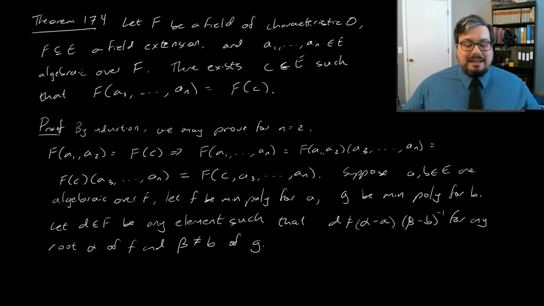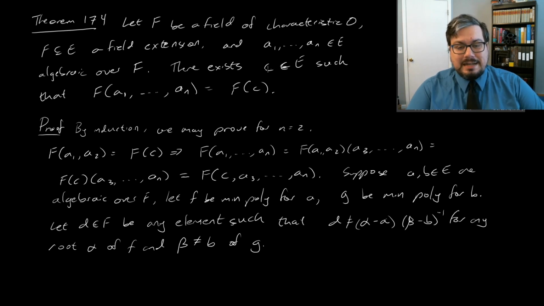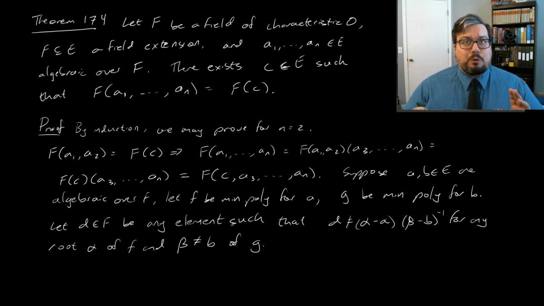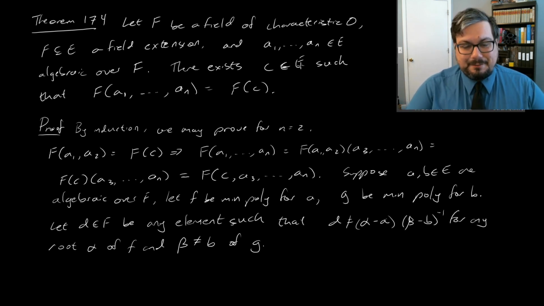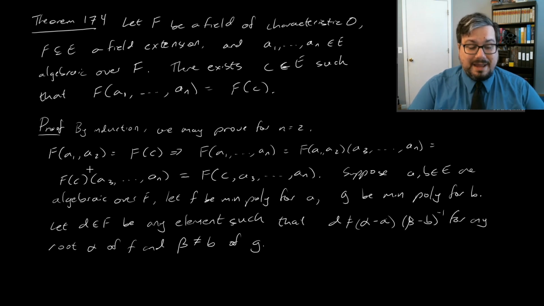And so if we pick any element of F other than those, then we'll be able to construct a c that works. In particular, note that in what we're about to do, almost any element of F will work. We just have to avoid finitely many elements of F. So there exists a c in E. This c is highly non-unique. In fact, there are lots and lots of elements of E that will work to make this process go through.